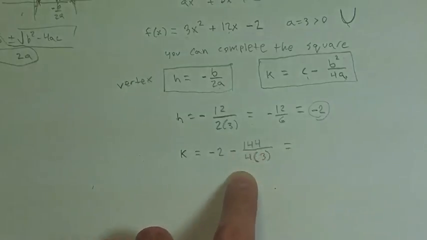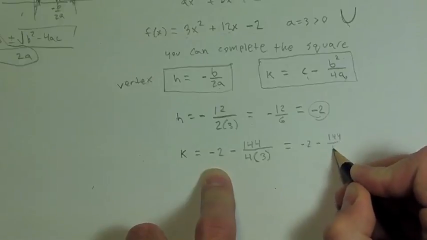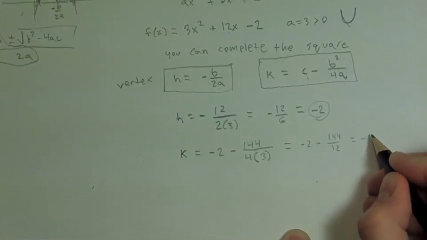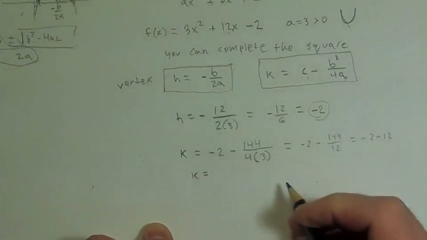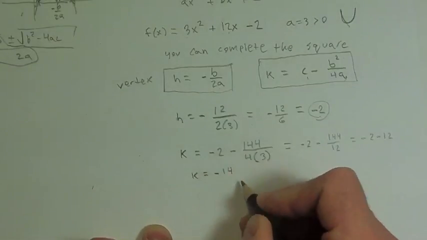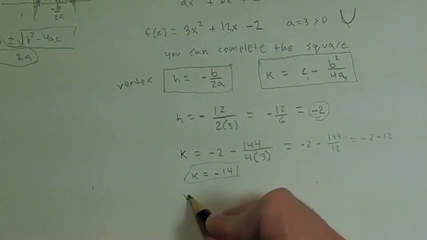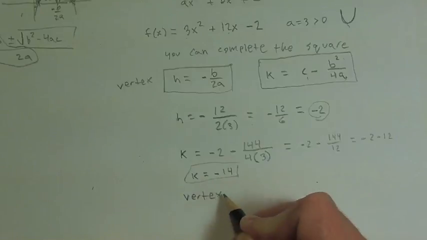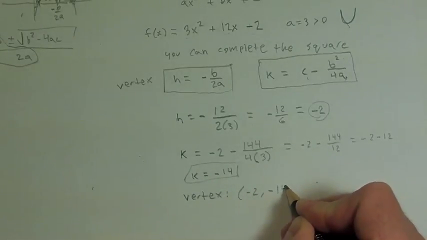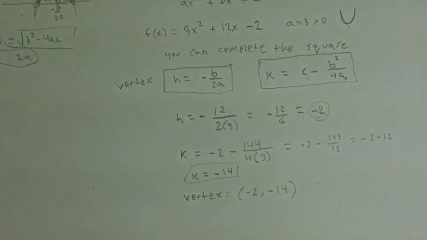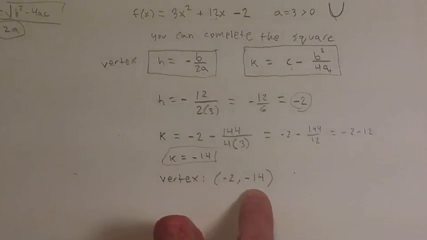Okay, so we get 144 over 12, so this is negative 2 minus 144 over 12, so this is negative 2 minus 12, so our k is negative 14. Okay. So our vertex is going to be negative 2, negative 14. Alright, so here's our h and k.